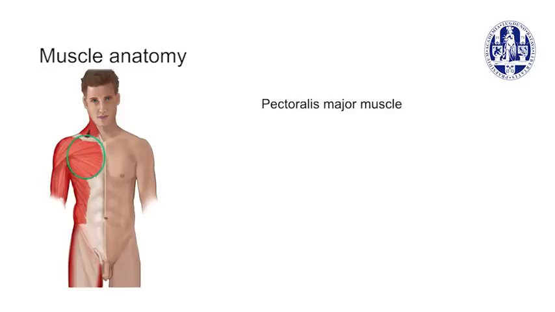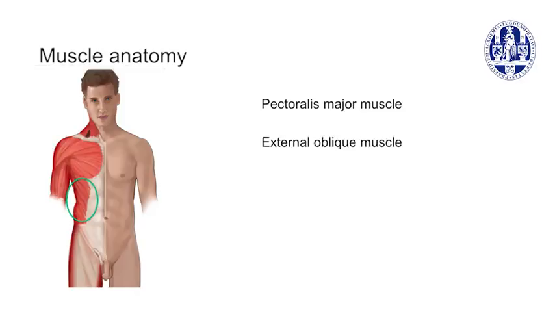On the thorax, the pectoralis major muscle is now exposed. At the lateral side in the abdominal region, the muscle fibers of the external oblique abdominal muscle are visible. It is the most superficial muscle of the three lateral abdominal muscles. The external oblique has its origin on the 5th to the 12th rib.